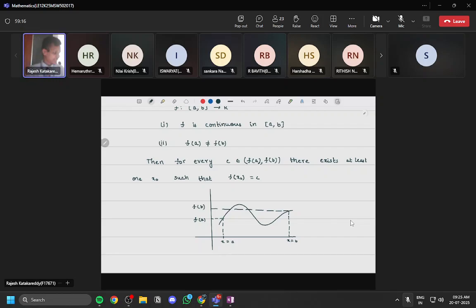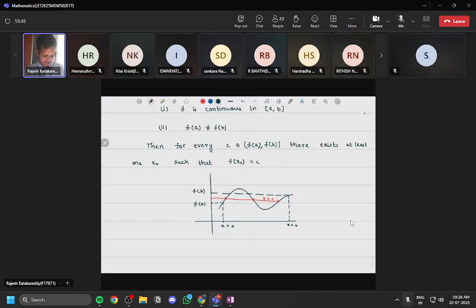In the interval of f of a and f of b, if I take some value, let's say this value, it must be attained by the function at least once. Clear? If I draw one horizontal line, we have 1, 2, 3 points. Clear? Understood? This is what the intermediate value theorem is.